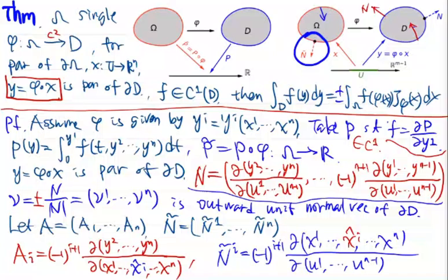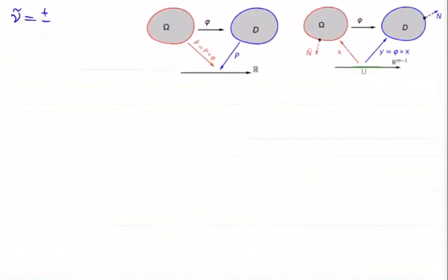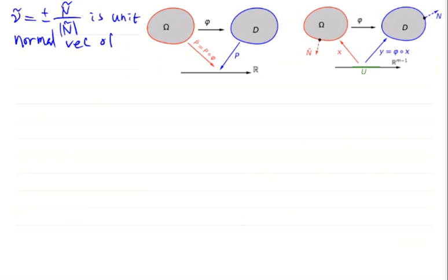So if it points inward, we need to add a negative sign to obtain the outward normal vector, which is the proper sign for normalizing the n tilde. This is the unit normal vector of the boundary of omega. Okay, so this is our preparation.